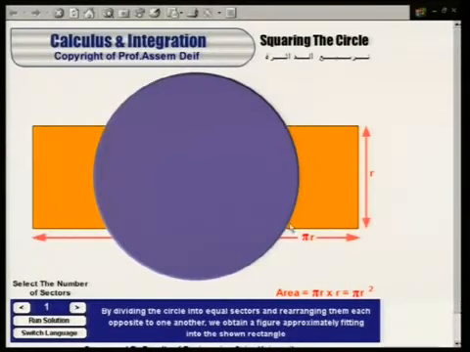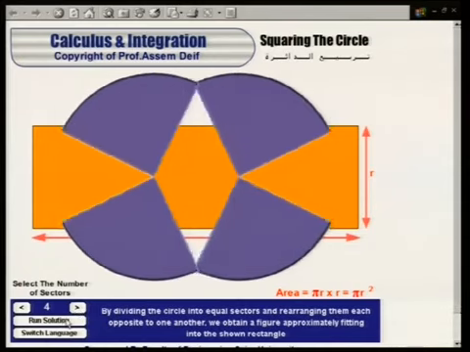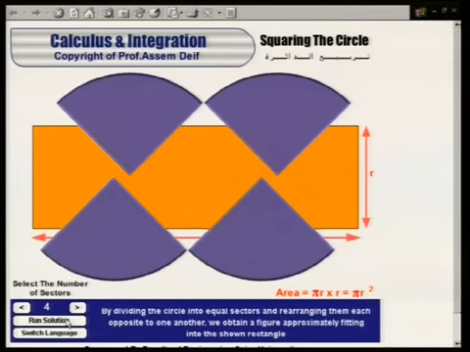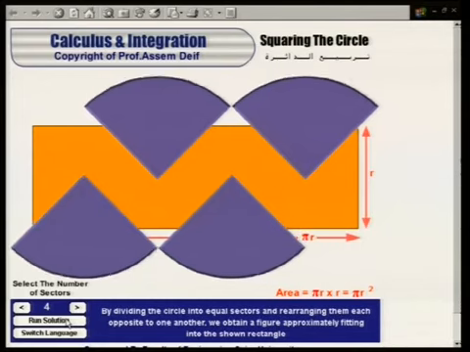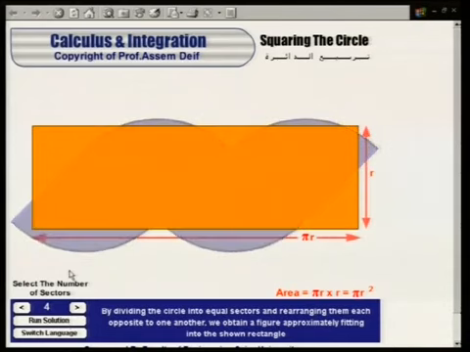This is the circle they consider, and this is one subdivision, of course. But if they increase the number of subdivisions, suppose they take 4 subdivisions, and then they organize the triangles in this way, it almost becomes a rectangle.